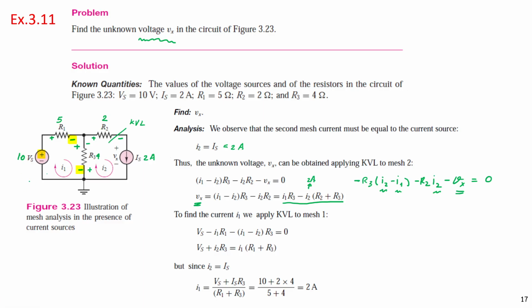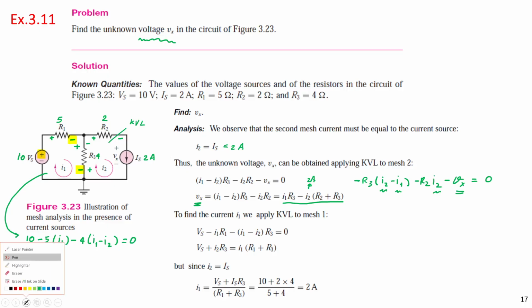We will get Vs, 10 volt, minus 5 into I1, minus 4 into I1 minus I2, equal to 0. In this case, I2 is 2 amp, so I just substitute 2 amp here.